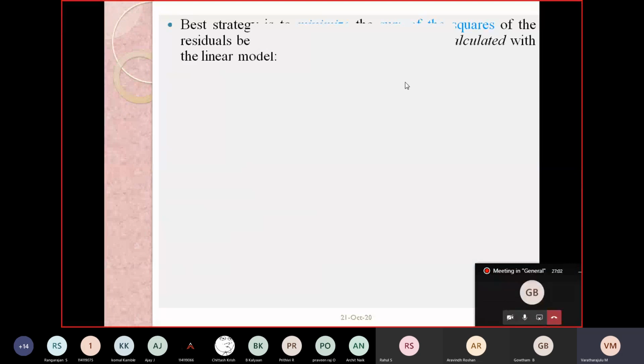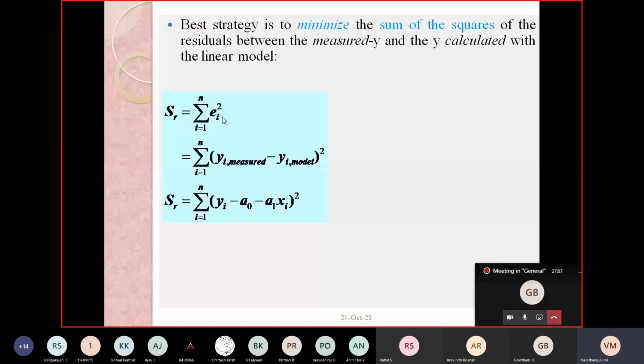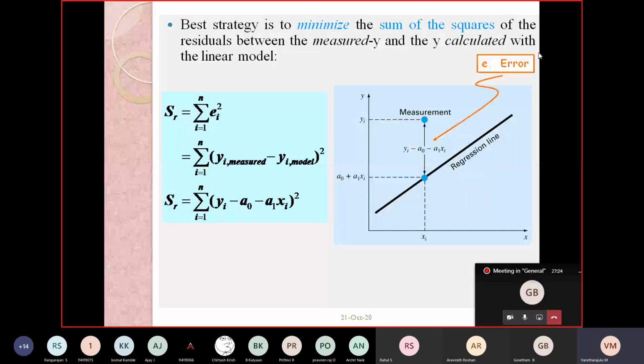Therefore SR is equal to summation of i equal to 1 to n of ei square, that is, yi measured minus yi model, the whole square. That is yi minus a0 minus a1 xi, the whole square, and this is the amount of error. This is a0 plus a1 xi.